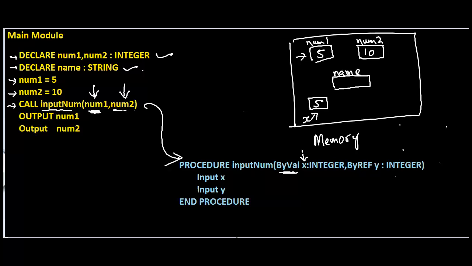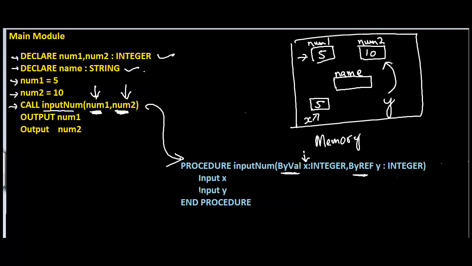The second parameter, which is num2, is being passed by reference. So y will not point to a copy of num2. Y will in fact point directly towards num2. Which means if we modify the value of x, we are only going to be modifying this copy, right?